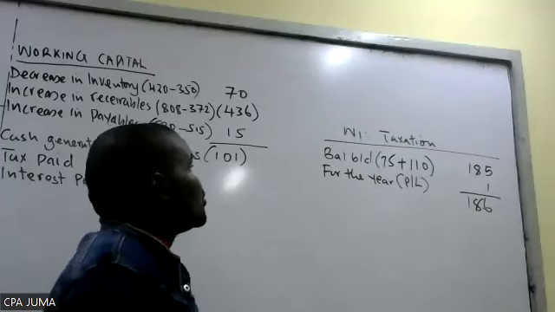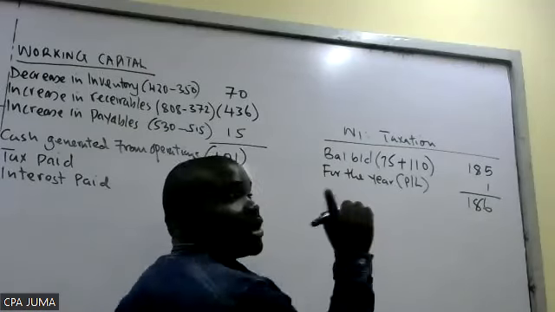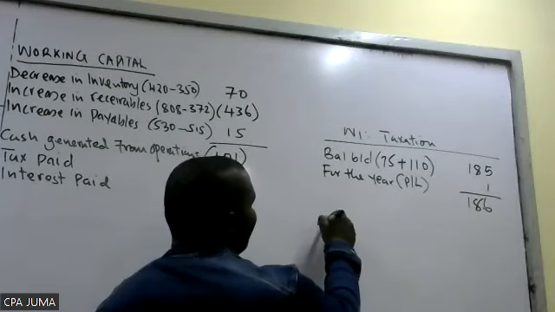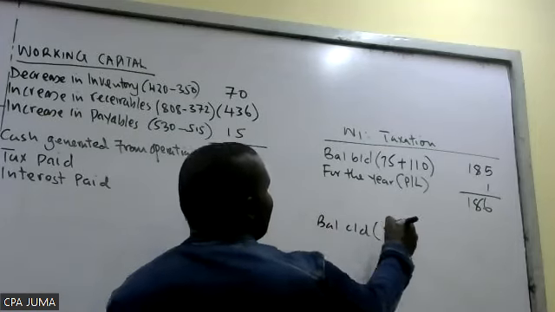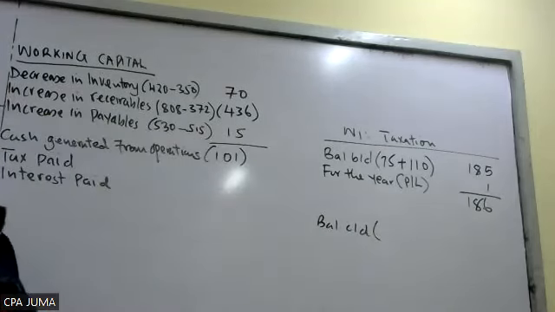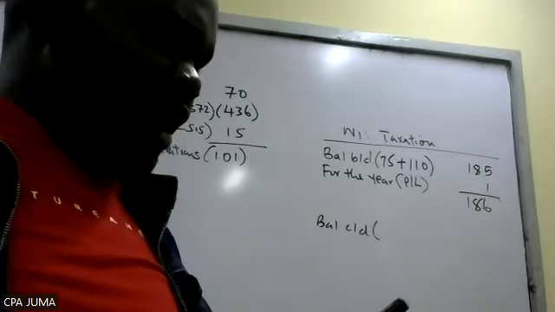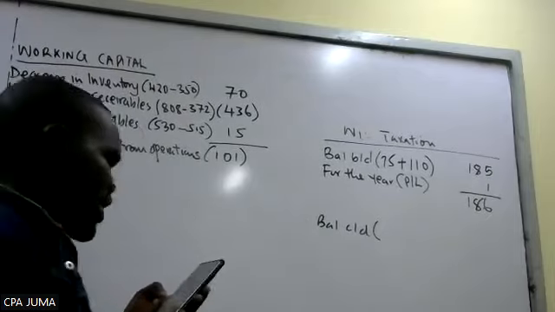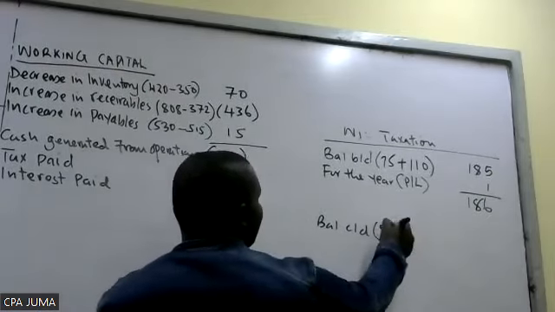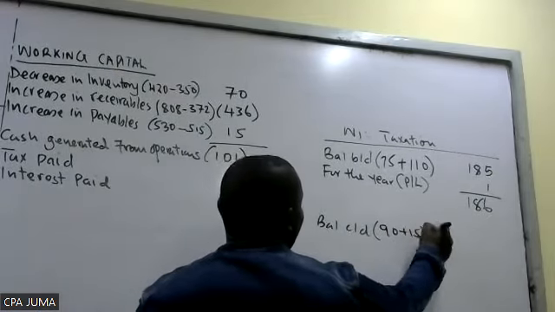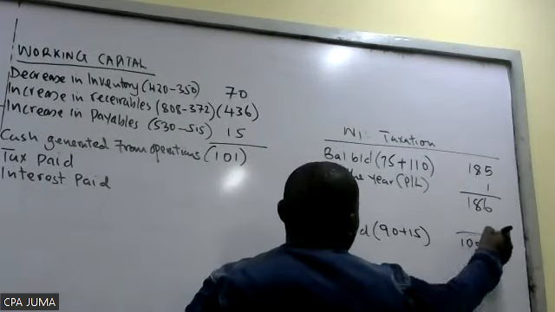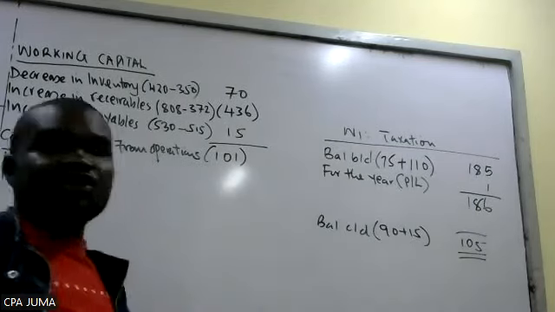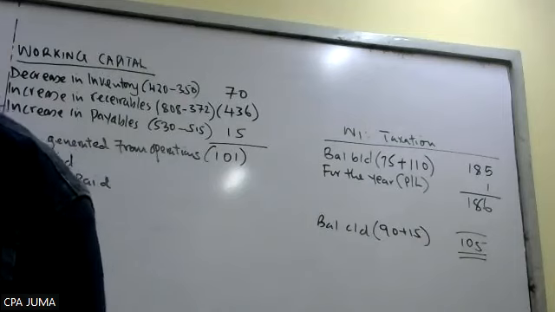Correct. So compare, skip one line, then you compare with the closing balance of tax. So closing balance under non-current and current liabilities, deferred you will see 90, current you will see 15. Please don't copy, make sure you see where the figures are coming from.